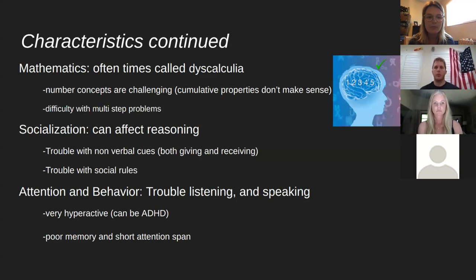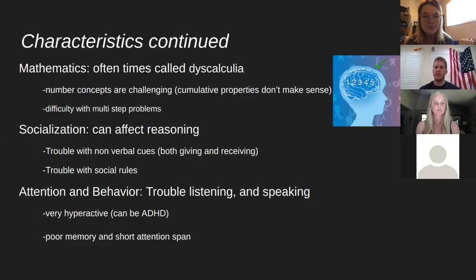They have difficulty with multi-step problems because if they can't put literally 2 and 2 together, then they can't understand that 2 plus 2 plus another number leads to a more advanced problem. And it can be a big difficulty with word problems because of their vocabulary and or reading comprehension skills.